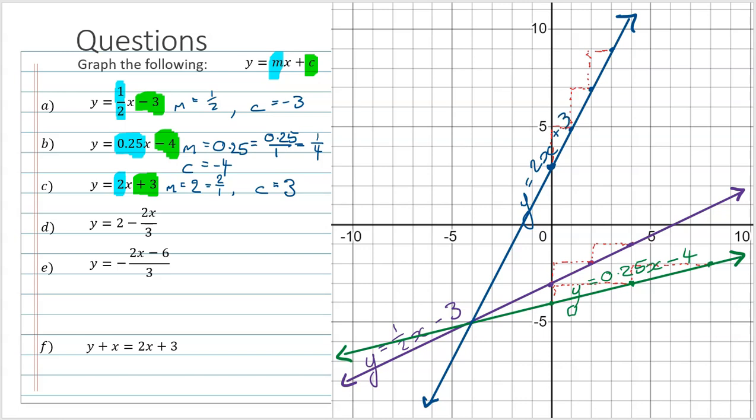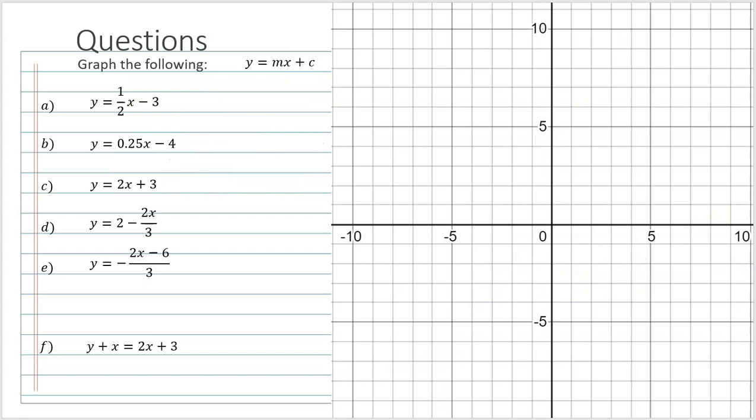So there we go, we plotted A, B, and C. Now let's do D, E, and F. So D, notice that the form is slightly changed. The equation is written as y equals 2 minus 2x over 3. Now this isn't in slope-intercept form because the constant's been shifted over on the left and the gradient with its x term is over on the right here.